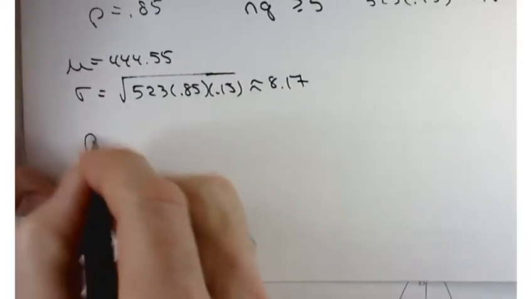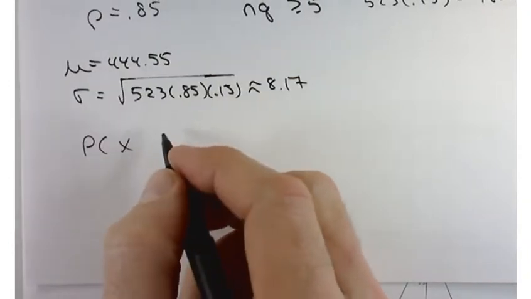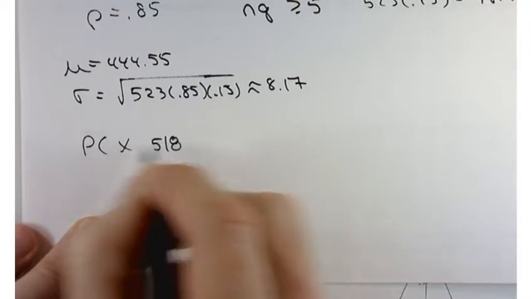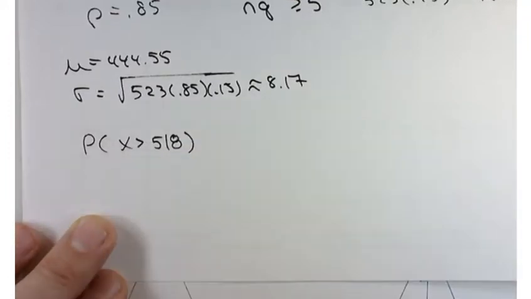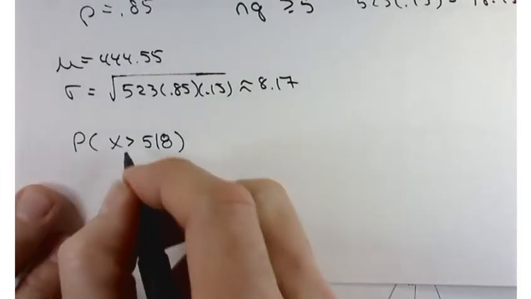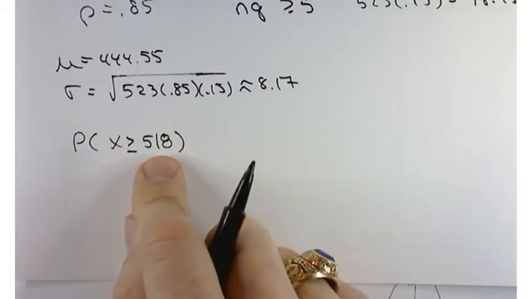So probability 518. Now should I put greater than or equal to? Greater than or equal to, because it says 518 or more. So you're allowing for the possibility that the number of people who wash their hands is including 518.